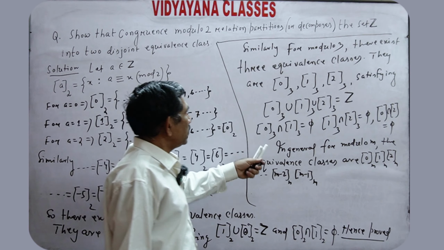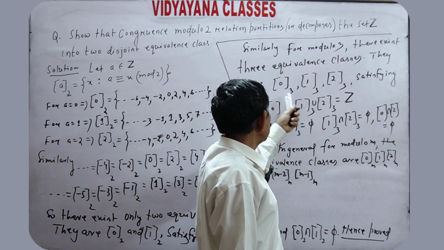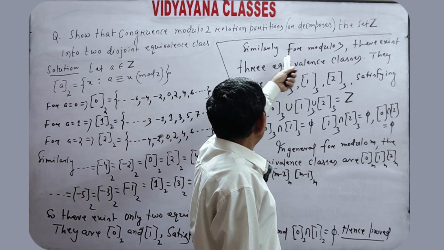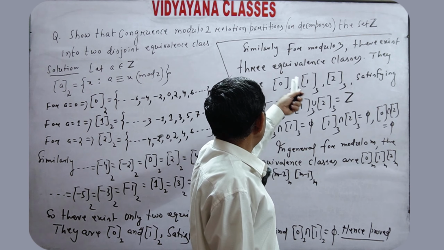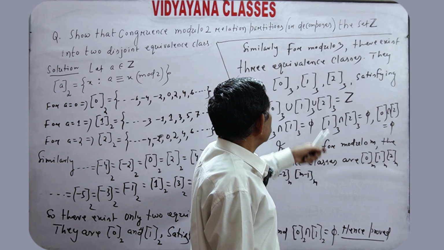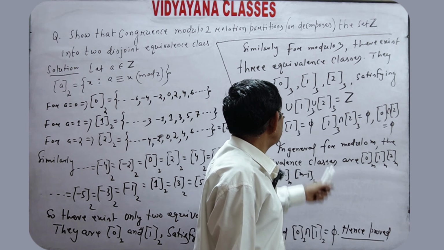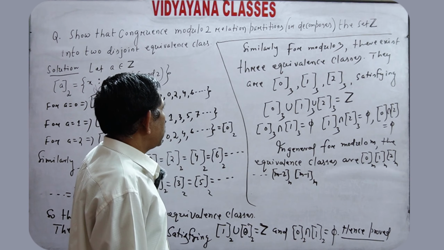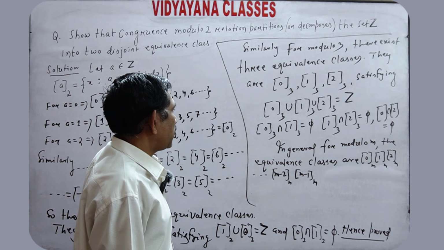For modulo 3, there exist three equivalent classes, they are equivalent class of 0, equivalent class of 1, equivalent class of 2, satisfying these conditions. Union is the integers and intersection of any two is phi set.